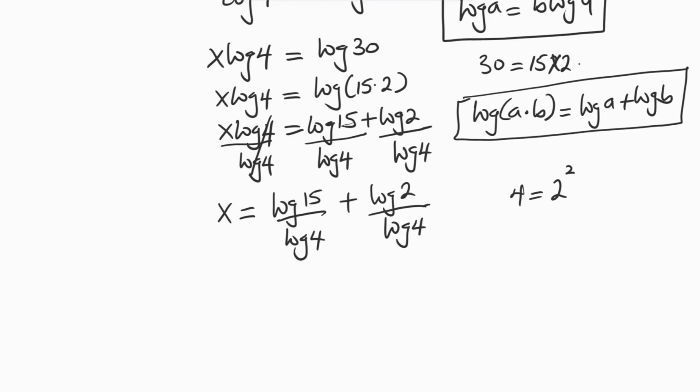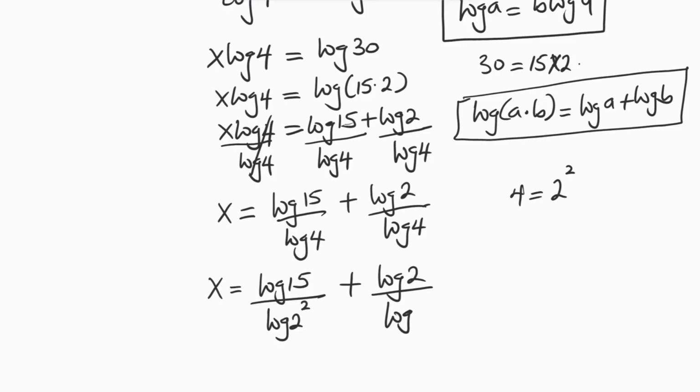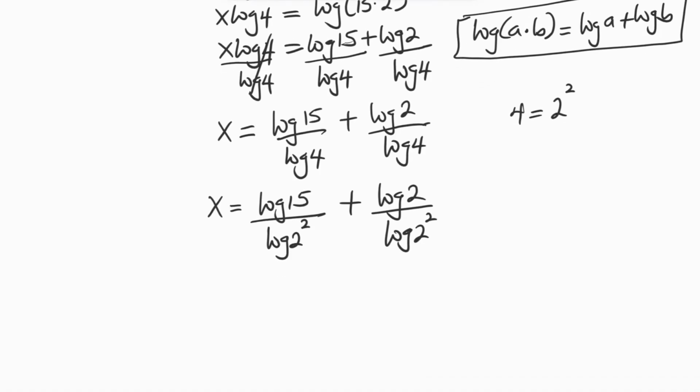Okay. So let's rewrite what we have on the right-hand side. We have log 15 divided by log 2 squared plus log 2 divided by log 2 squared. Okay.